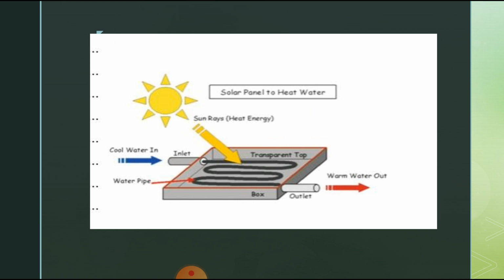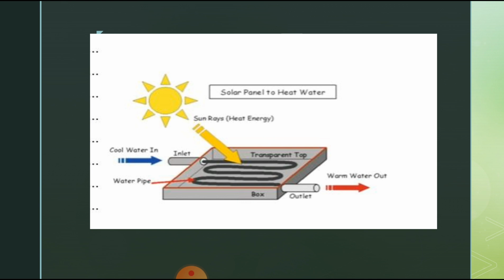Now we will discuss solar energy. See, the process of functioning of a water heater, that is, a solar panel to heat water. In this picture of a solar panel, you can see the sun rays, the heat energy, falling on the transparent top.